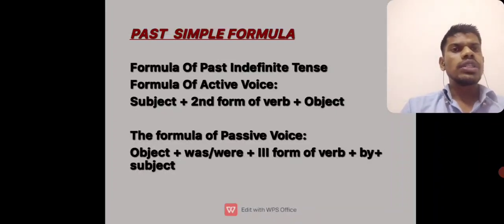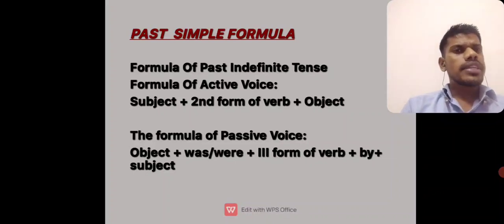Next we will move on to the past tense. Past simple formula. Let us see what is the structure for simple past. First, the active voice structure that we studied: subject, that is the doer of an action or an agent or performer of an action, plus V2, that is past form, then object. That is the structure for simple past tense, and of course it is the structure for active too.